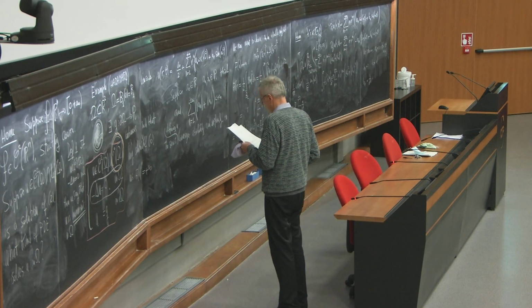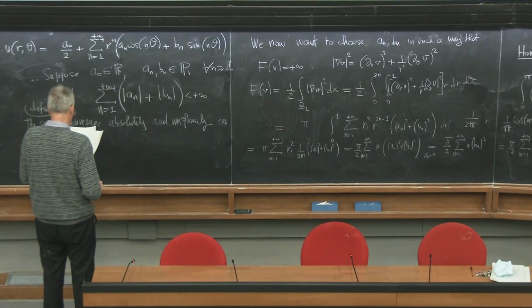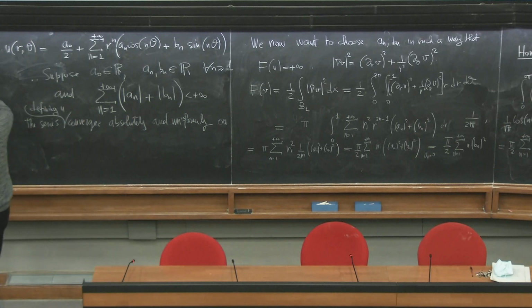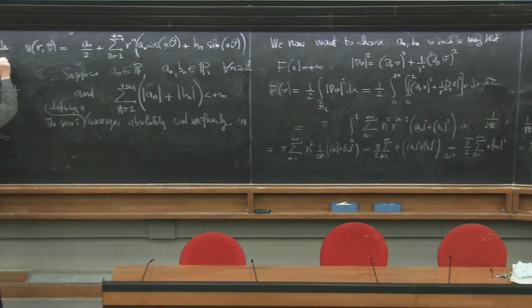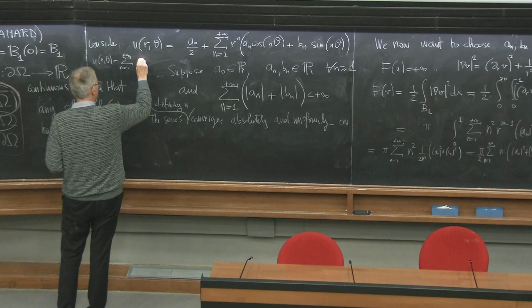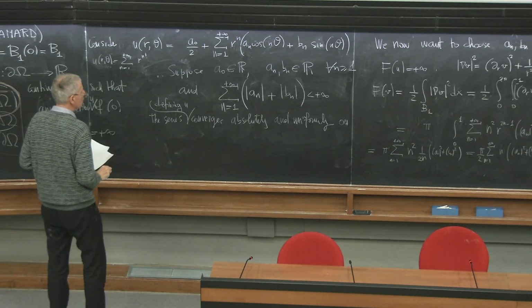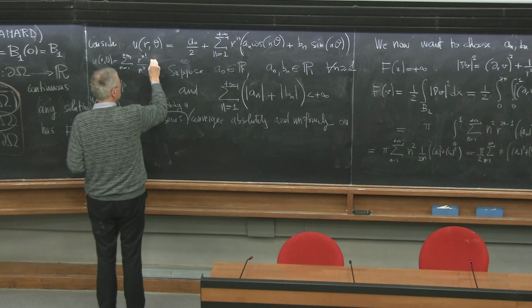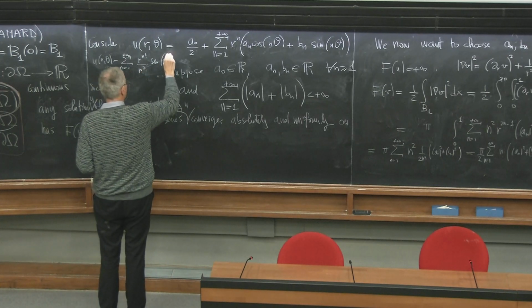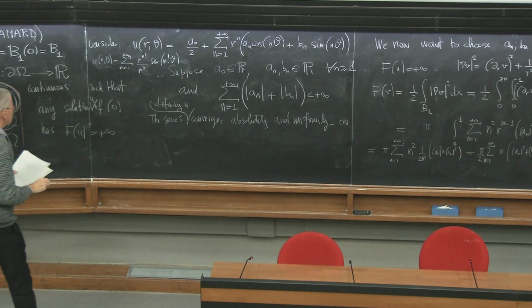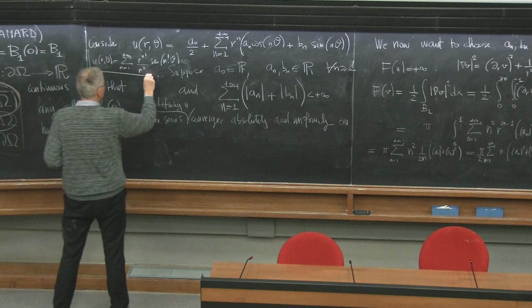So with that choice, u becomes the sum from 1 to infinity of r to the n factorial, where an is 0, bn is 1 over n squared, times sine of n factorial theta. This is u with that choice of an and bn.